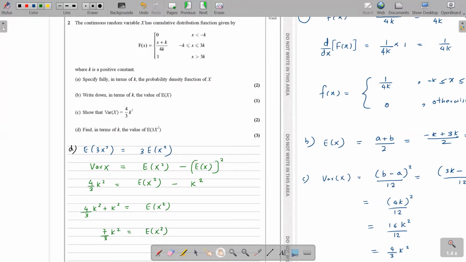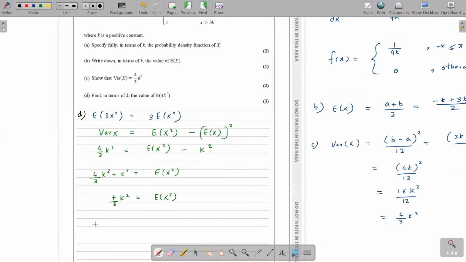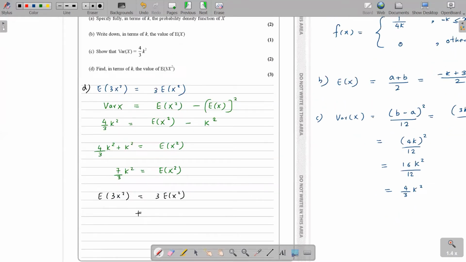So is that what we are supposed to find? No, they want us to find E(3X squared), which is 3 times E(X squared). E(X squared) is 7 over 3 k squared. The 3 and 3 will cancel. The answer is 7k squared. Is this clear?